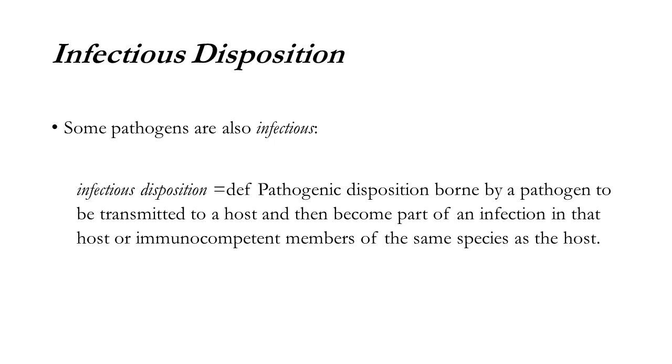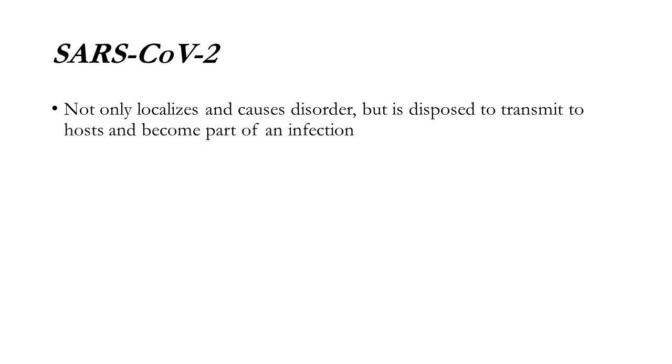This is also imported from the infectious disease ontology. Now, what differentiates infectious dispositions from pathogenic dispositions is that things that have this disposition are also disposed to be transmitted to hosts and become part of infections in the host or immunocompetent members of the species. I'll walk through again just like last time. So SARS-CoV-2 is a good example that checks all these boxes.